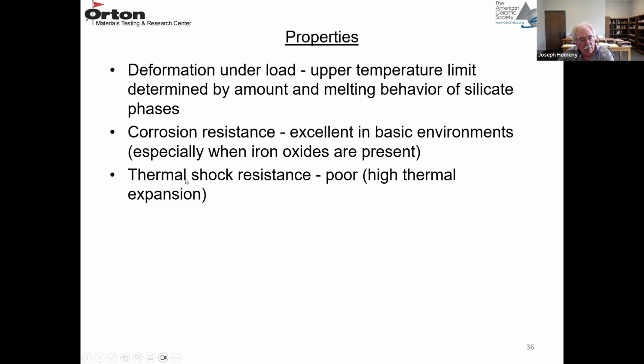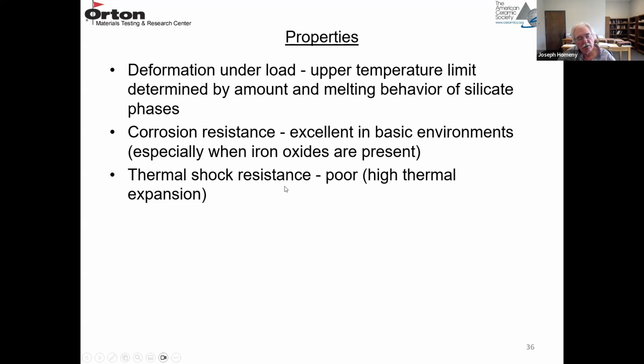So MgO refractories, let's say they're used to line a basic oxygen furnace, originally, 30 or 40 or 50 years ago, it was a pure MgO refractory, and it didn't last but hundreds of heats.